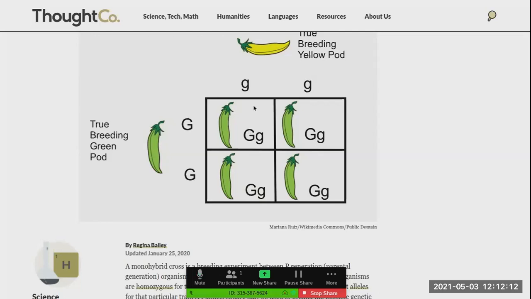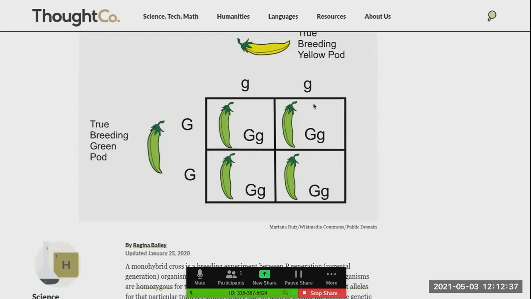So this is a monohybrid cross because we are dealing with a single gene that determines the color of the pod. If we deal with, for example, whether it is wrinkled or smooth, then we are dealing with a second gene. And when you deal with two genes, we are talking about a dihybrid cross.